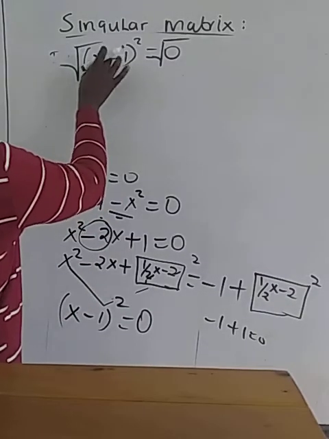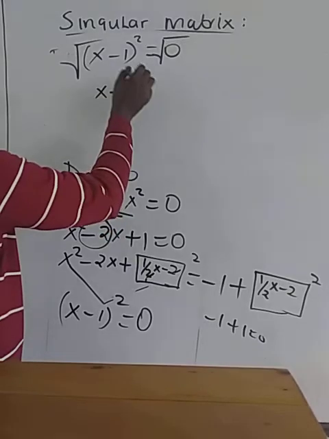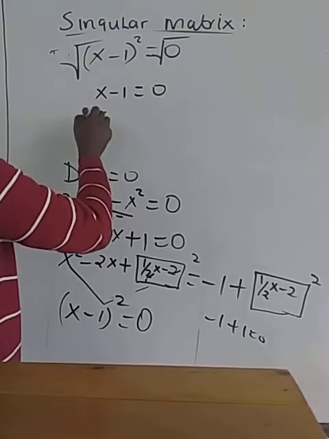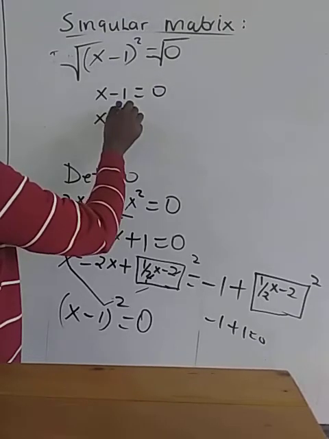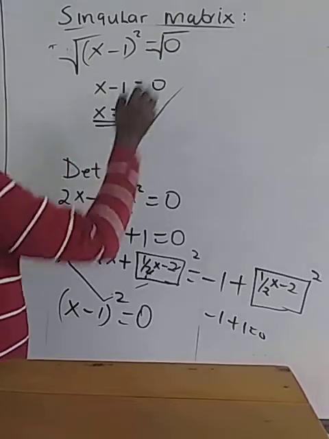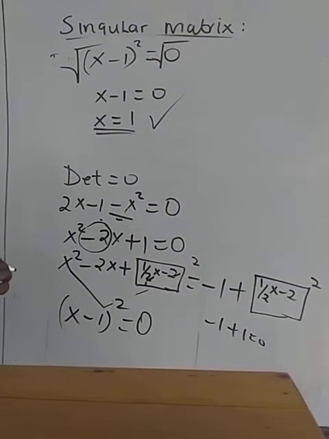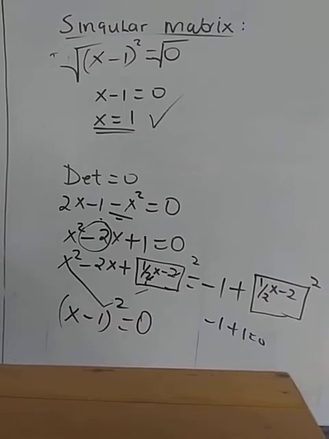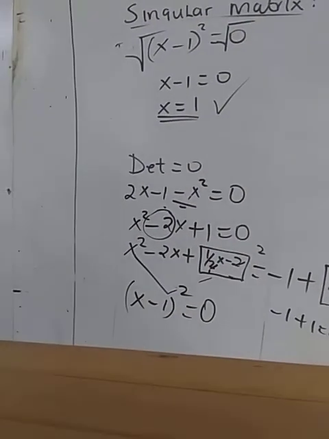On this side, it will give us x minus 1 equals 0. Take this one to the other side, you get 1. And the value of x is 1.